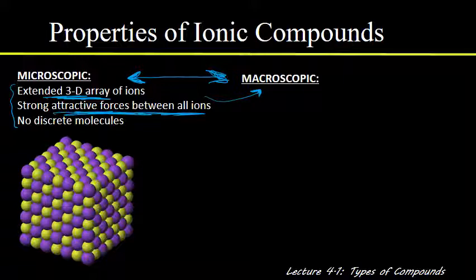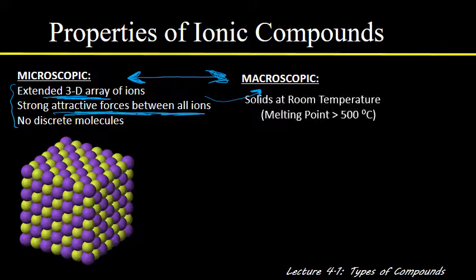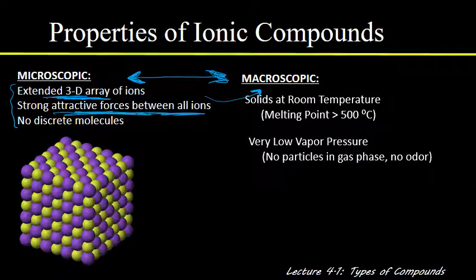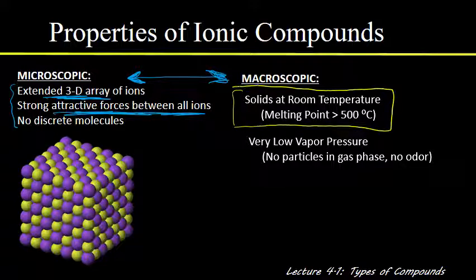And so what we see with ionic compounds is, first, that because of that strong electrostatic force between all the ions, they have very strong intermolecular forces, which holds all of the ions together. And so ionic compounds are essentially always solids at room temperature and generally have very high melting points, 500 degrees Celsius or higher. Sodium chloride, I think, is somewhere around 800 degrees Celsius.